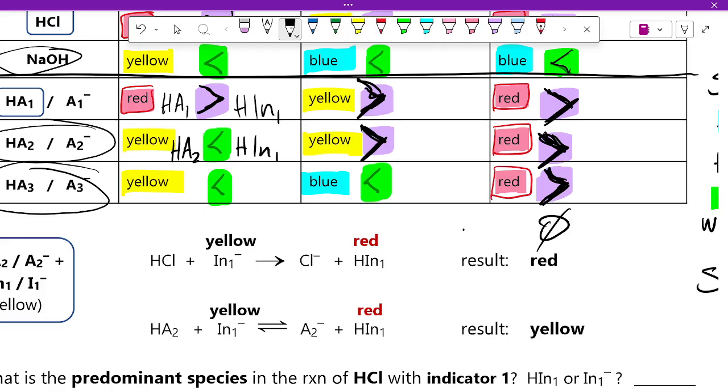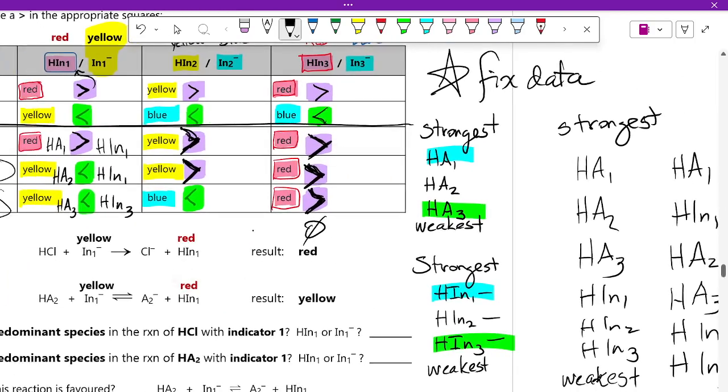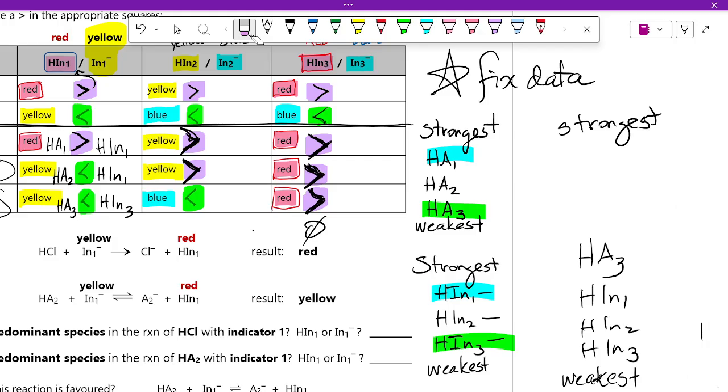HA3 is weaker than H. And I'm going to get rid of this because it's all wrong. Both of them are wrong. That's why I said don't write it down. I was just giving an example of how they would look together.